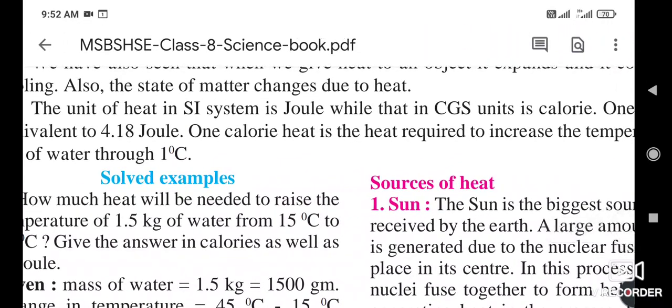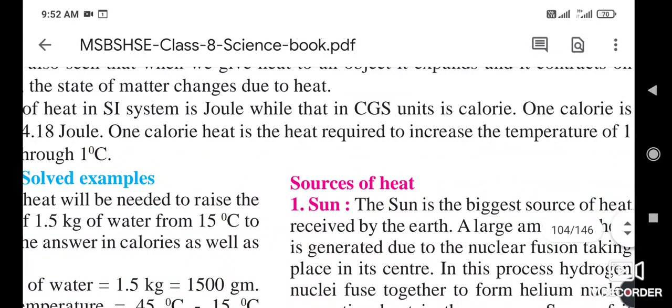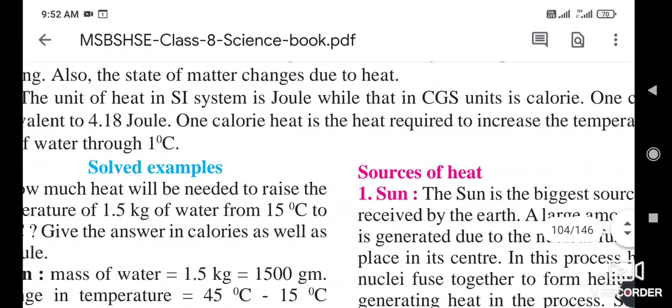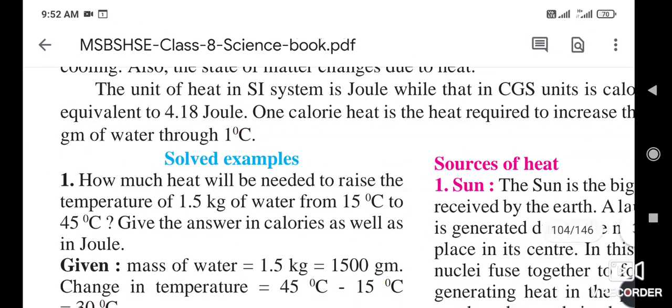So when the heat is increased by 1 calorie for 1 gram of water through 1 degree Celsius, the heat calculated is 4.18 joule.